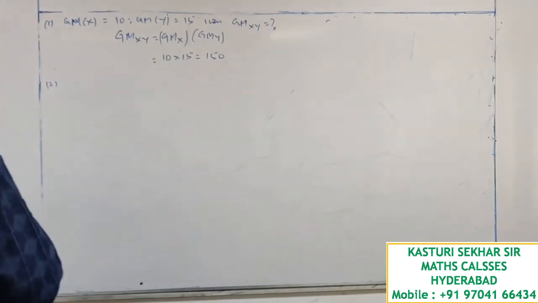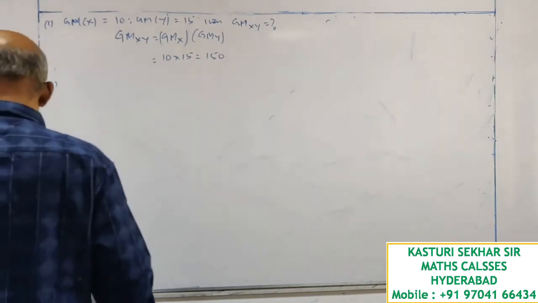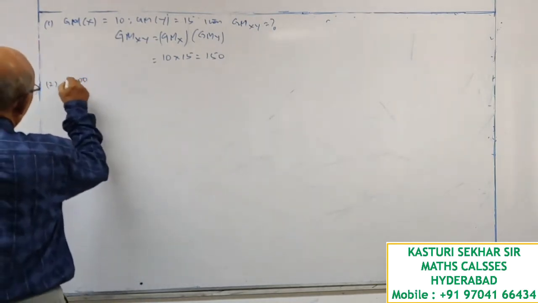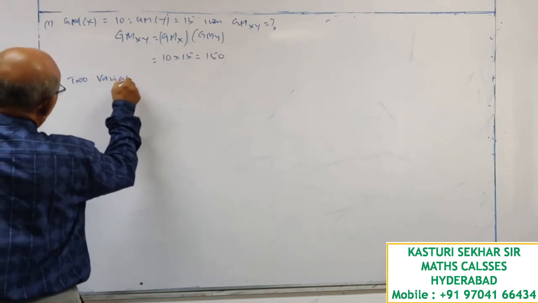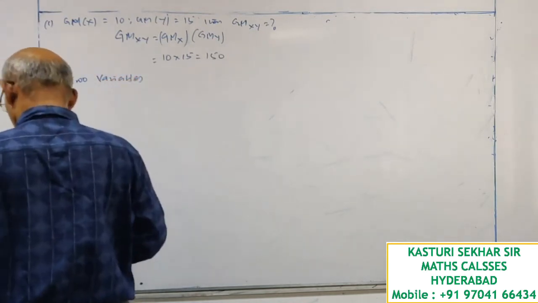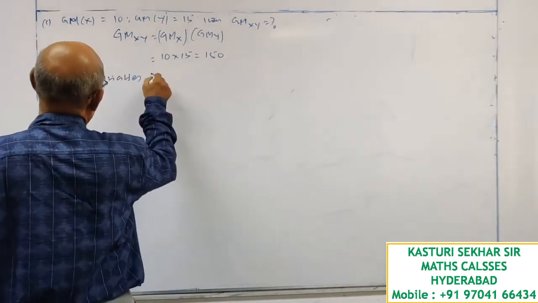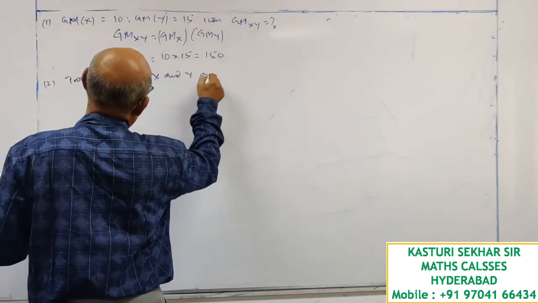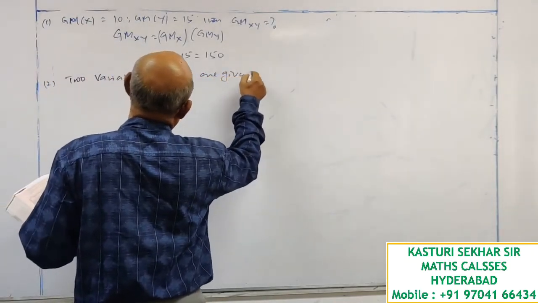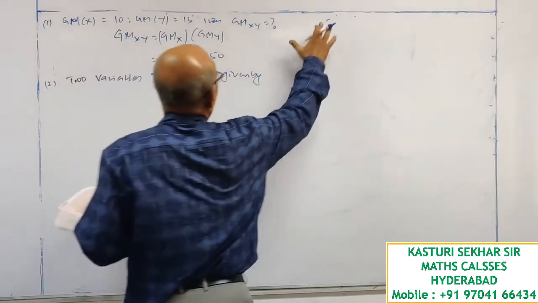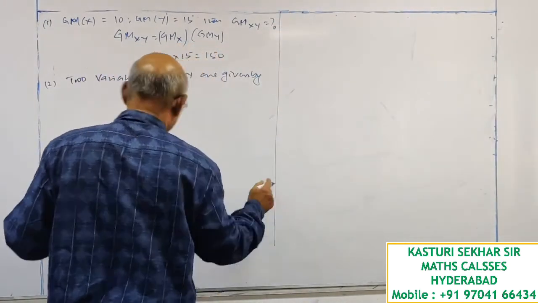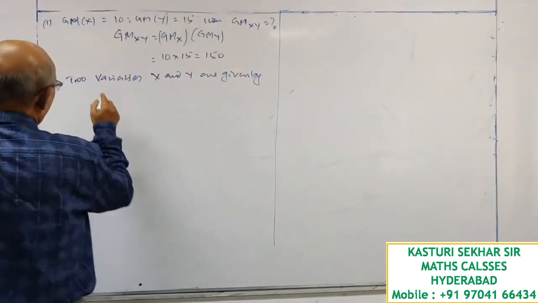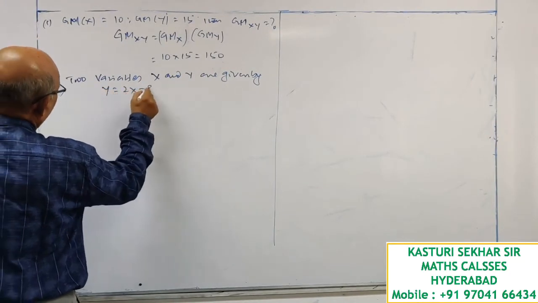Next question. Two variables x and y are given by y is equal to 2x minus 3.